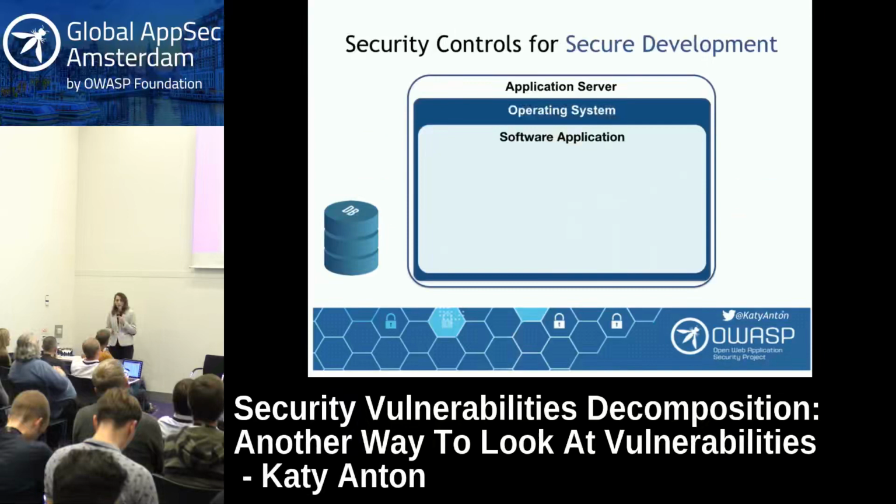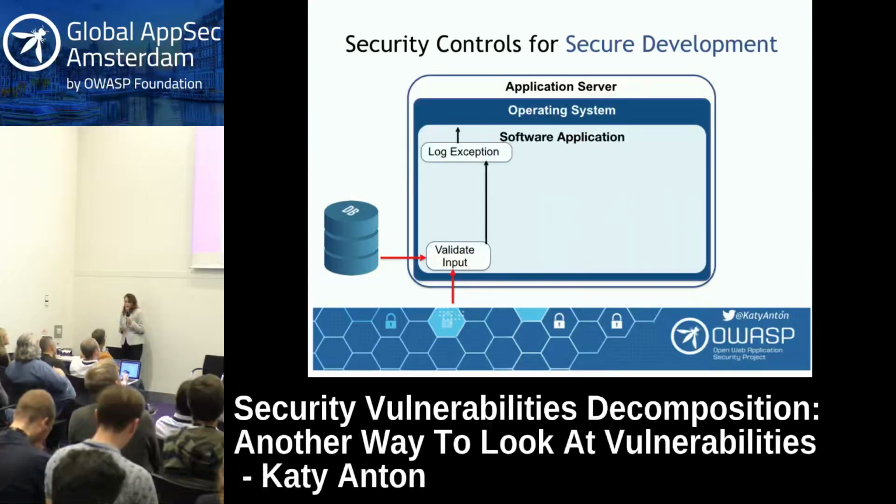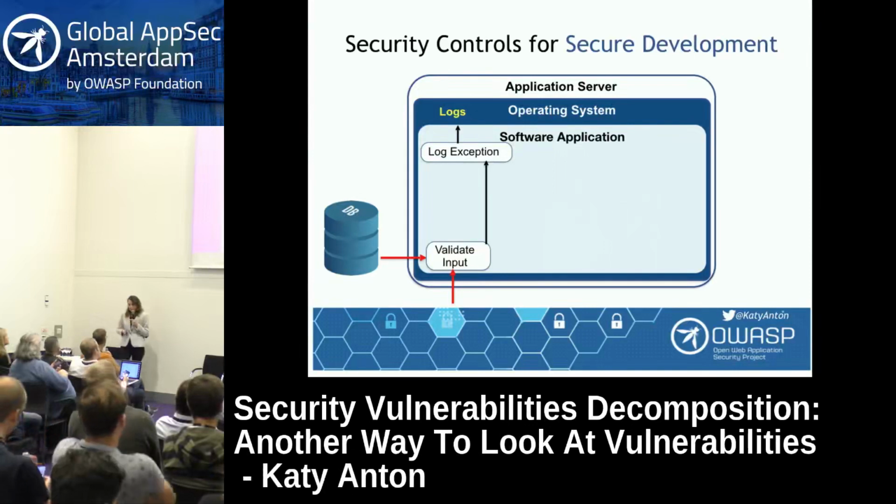So every time data enters the application, we should validate it, and not only from GET and POST, but also from data from the database, configuration files, and other sources. Any exceptions that we get during the validation should be logged to give the software the mechanisms to respond in real time to the possible identified attacks, the ones that we have identified.